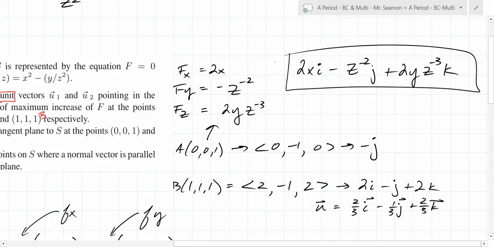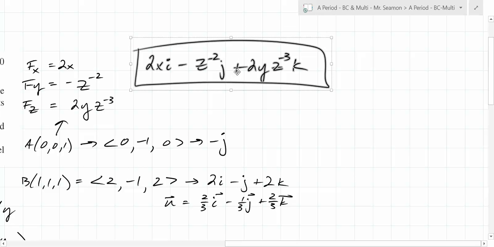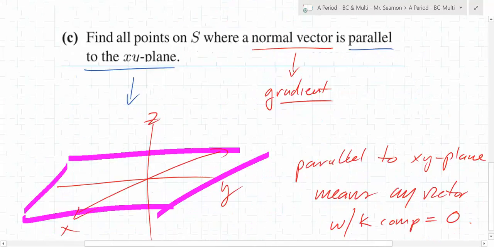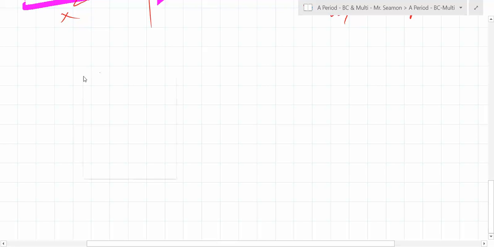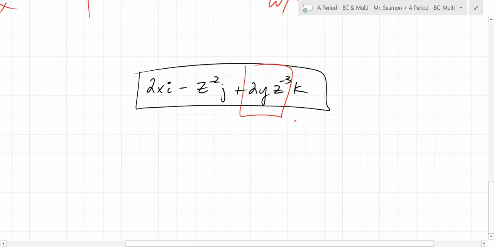That right there is the general gradient at any given point, correct? So to be 0 for this part, we want 2yz to the negative 3 to equal 0.